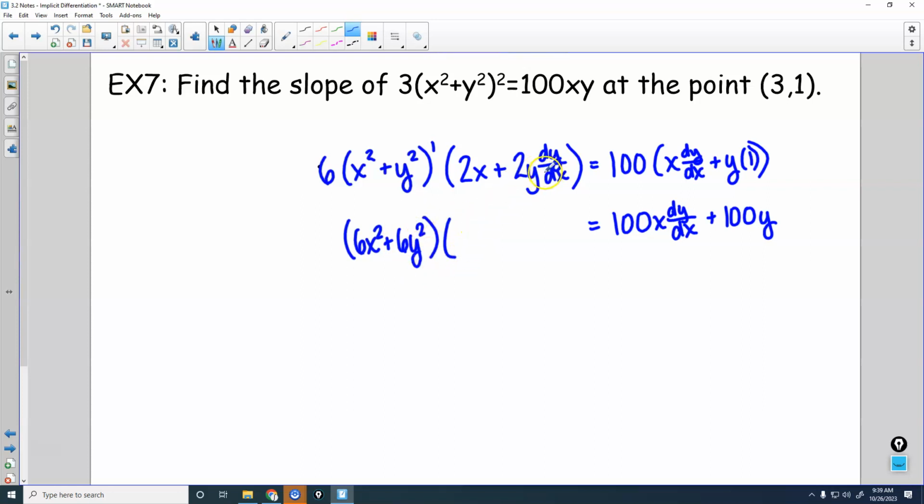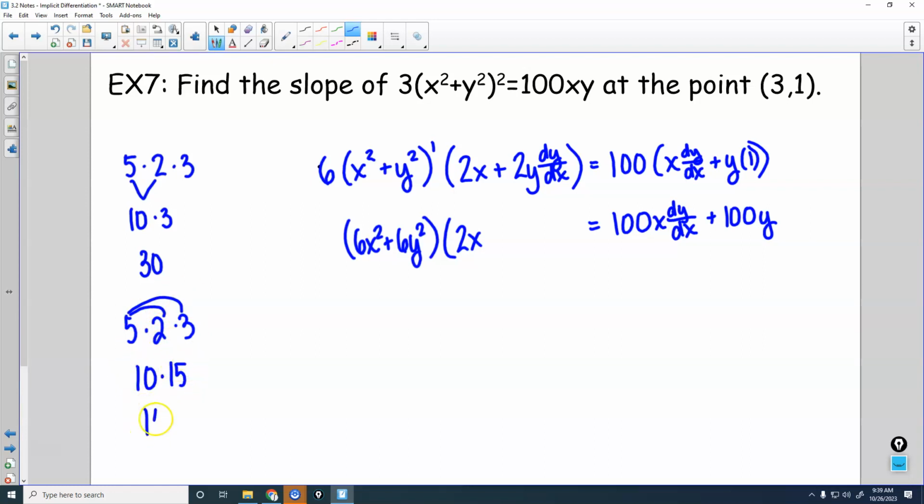Do I distribute to the second parentheses? No. Because, for example, if I had 5 times 2 times 3, I would do 5 times 2, which is 10, and then multiply that by 3 and get 30. I would not do 5 times 2 and 5 times 3 and get 10 times 15 and get 150.